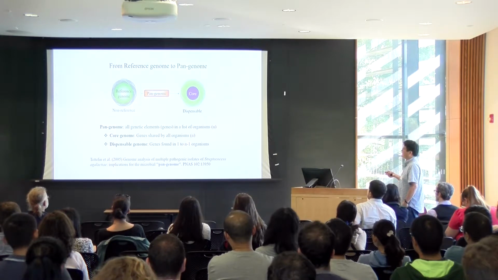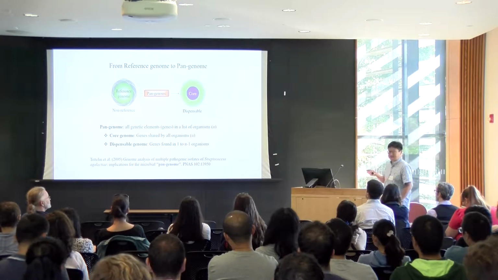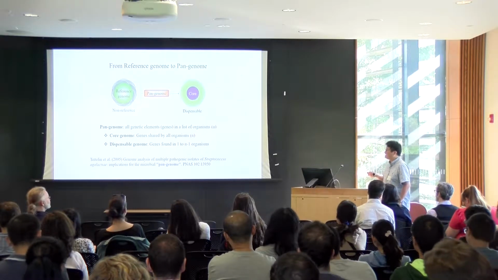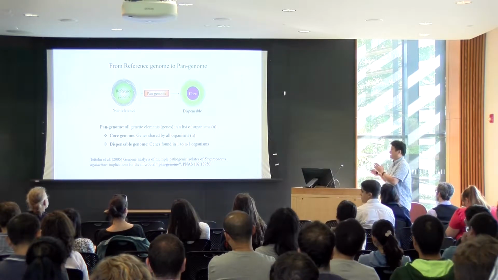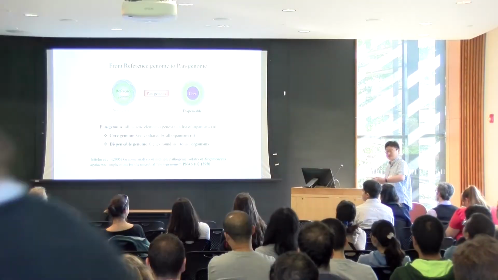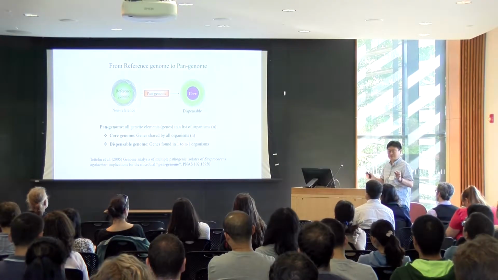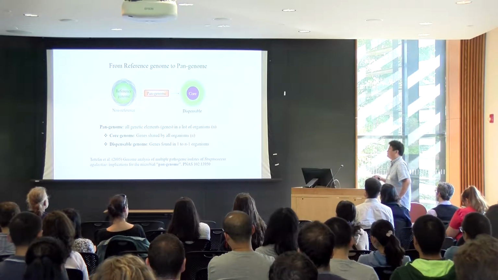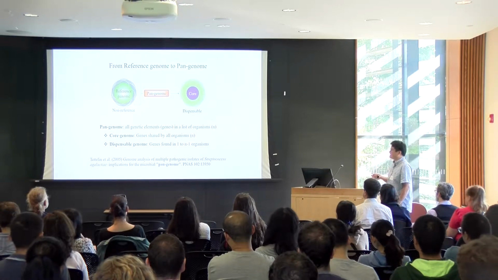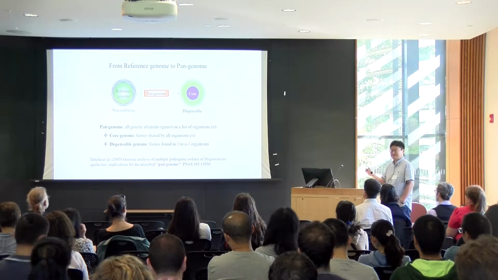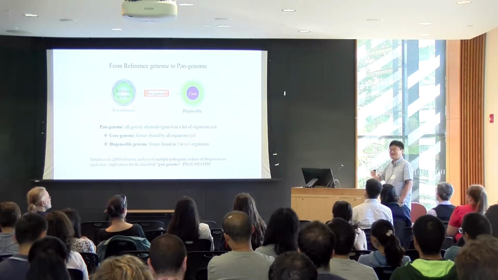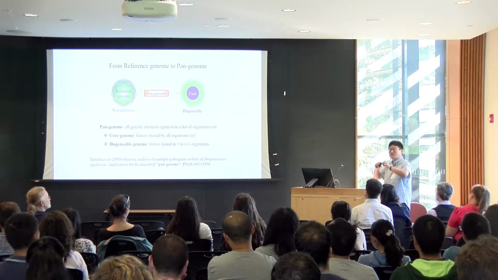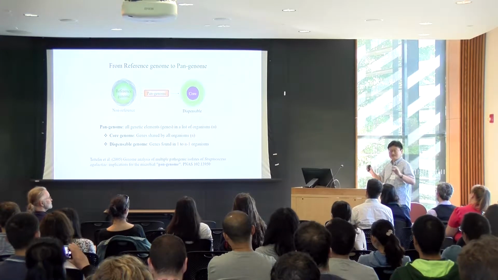But more importantly, they developed the concept of the core genome and the dispensable genome. In the plant field, people mainly focus on genes, not the entire genome region, so I'm mainly talking about the concept in the plant field. The core genome is genes shared by all organisms. Like in tomato, if you sequence 1,000 accessions, you would find some genes that exist in all 1,000 accessions.